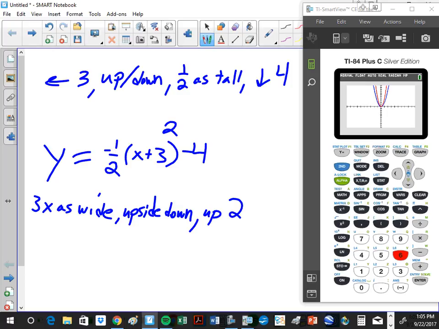So do we want to change the x's or the y's? If we want to make it wider, we want to change the x's. So we're going to multiply x on the inside by 1/3 because the x's are backwards. So 1/3 and then squared. Oh, upside down, thank you. And then plus 2.